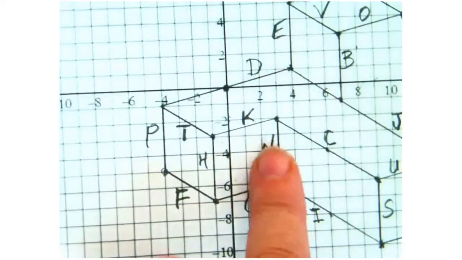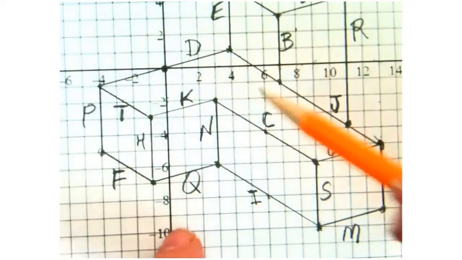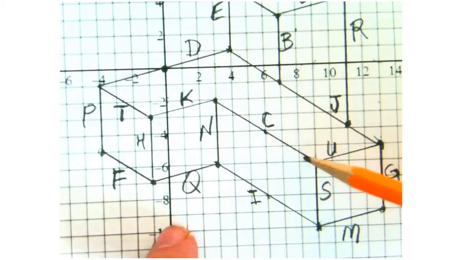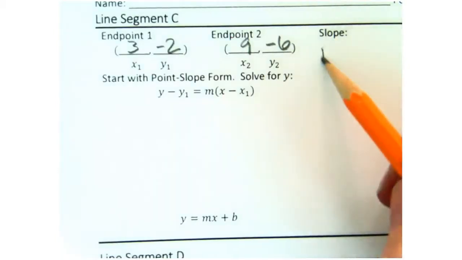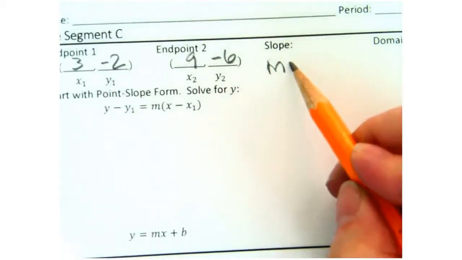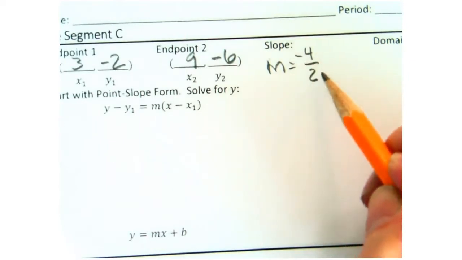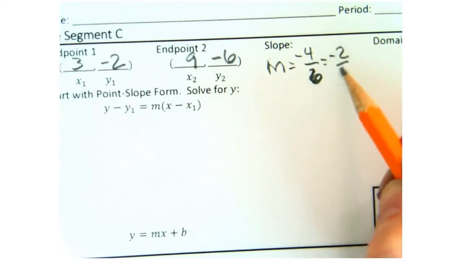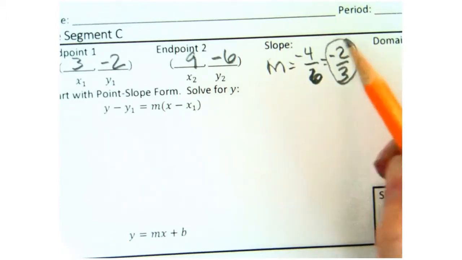Now we need the slope. The slope is negative, count down 4, and to the right 6. M equals negative 4 over 6, which simplifies to negative 2 over 3.